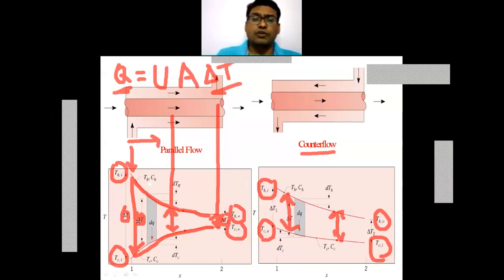However, in the parallel flow arrangement, at the inlet there is a maximum temperature difference, and at the outlet there is a minimum temperature difference. In the counter current flow exchanger, the temperature gradient more or less remains constant, not varying to the extent seen in the parallel flow arrangement.